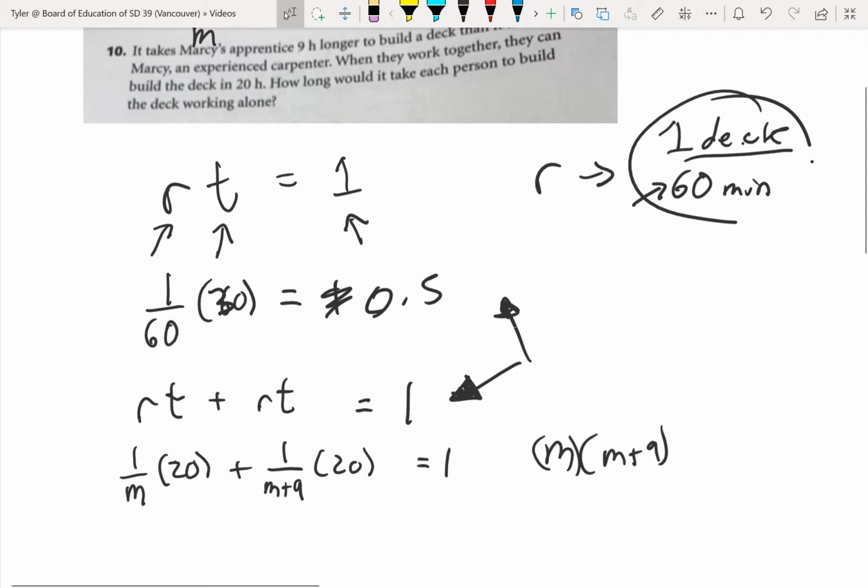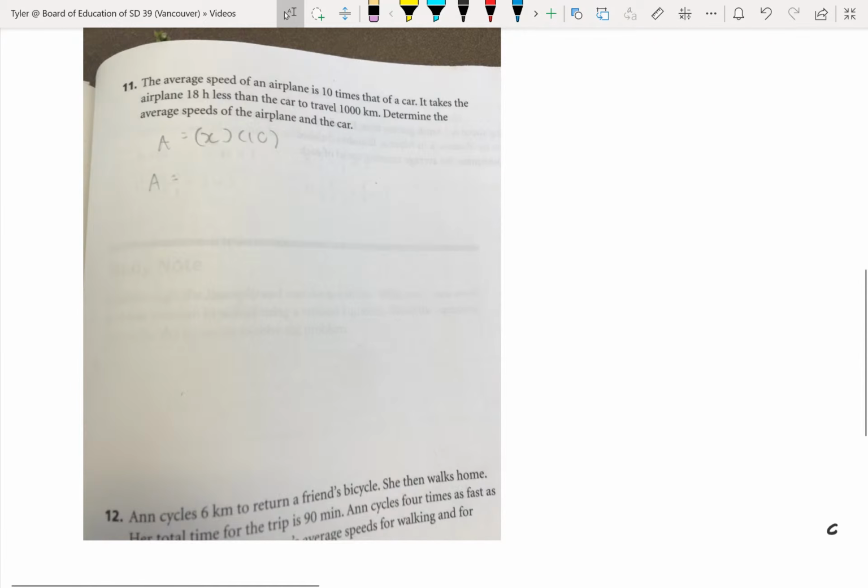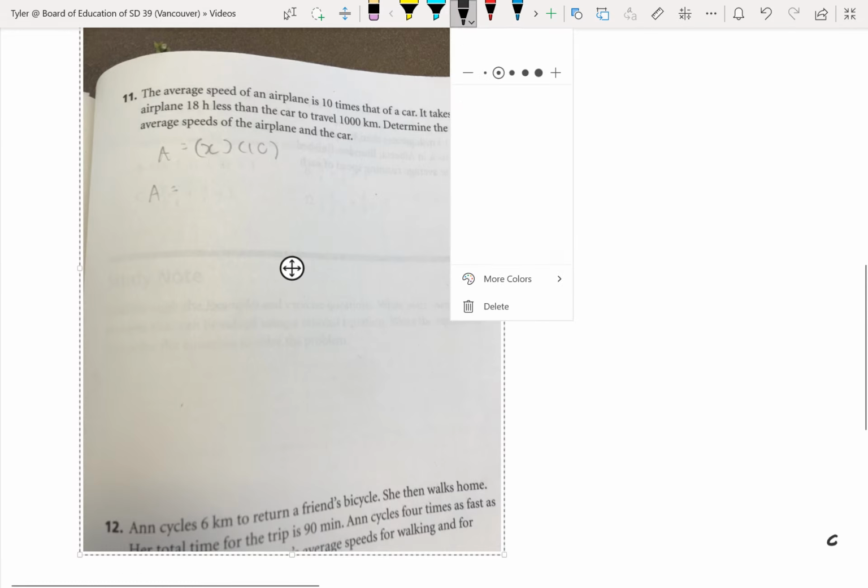Okay? The answer ends up being like 36 for Marcy, and then plus 9, so it's 45 for the apprentice. So really that means each person would take 36 hours for the master and 45 hours for the apprentice. That's it.